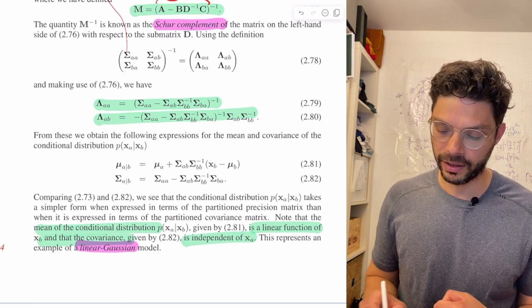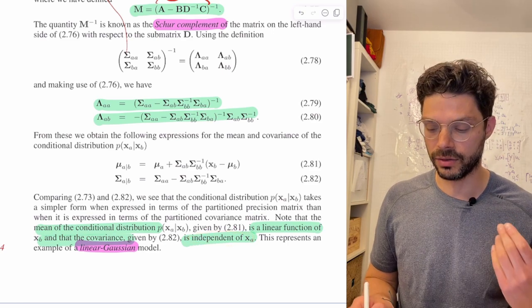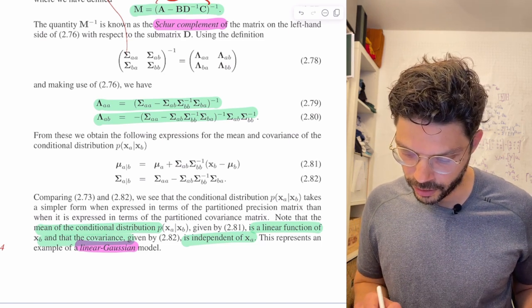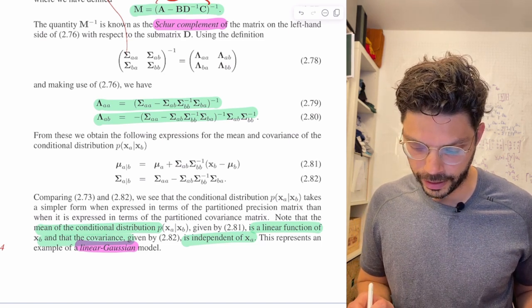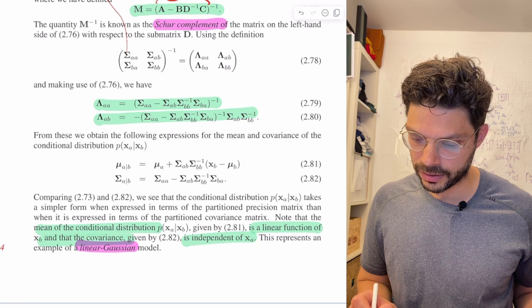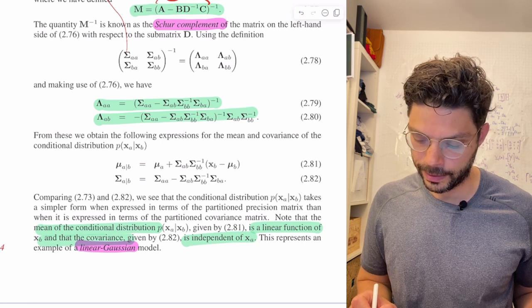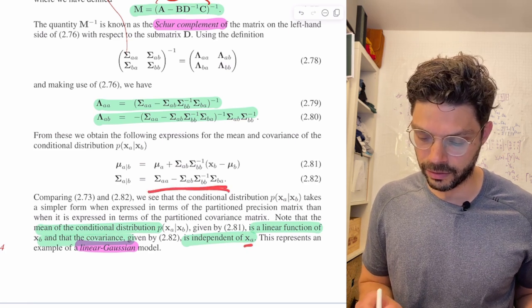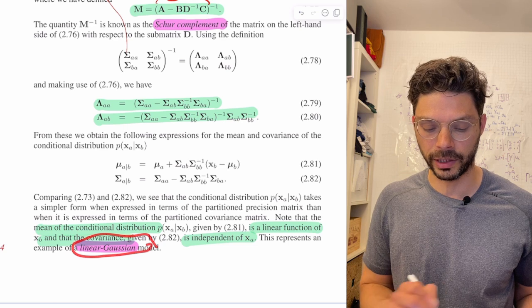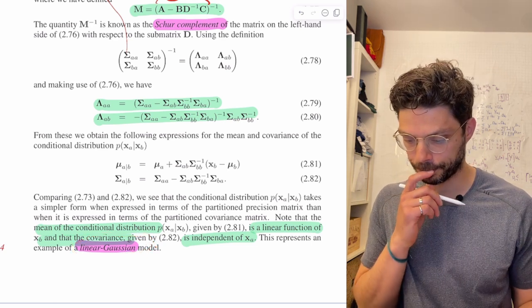And the covariance is independent of xb. He says independent of xa, but I wonder whether he means xb as well. Anyway, maybe we'll see that when we talk about the linear Gaussian model in 8.1.4.